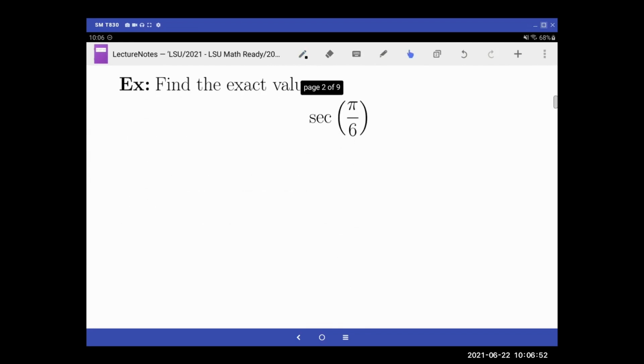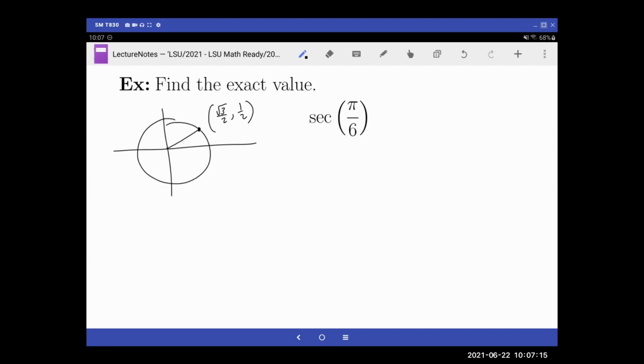So today, this morning at least, I want to use the unit circle to answer some questions and find some function values. Here we have secant of pi over 6. If I picture that on the unit circle, pi over 6 is here at 30 degrees, and that's the point we just talked about, square root of 3 over 2 comma 1/2.